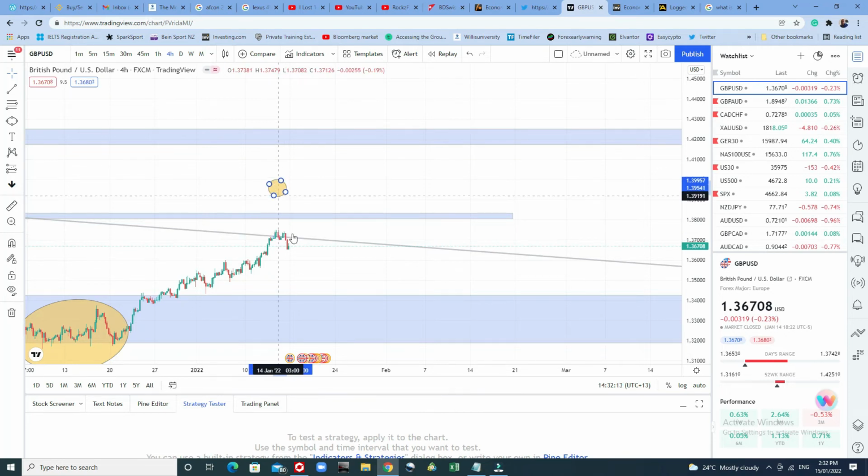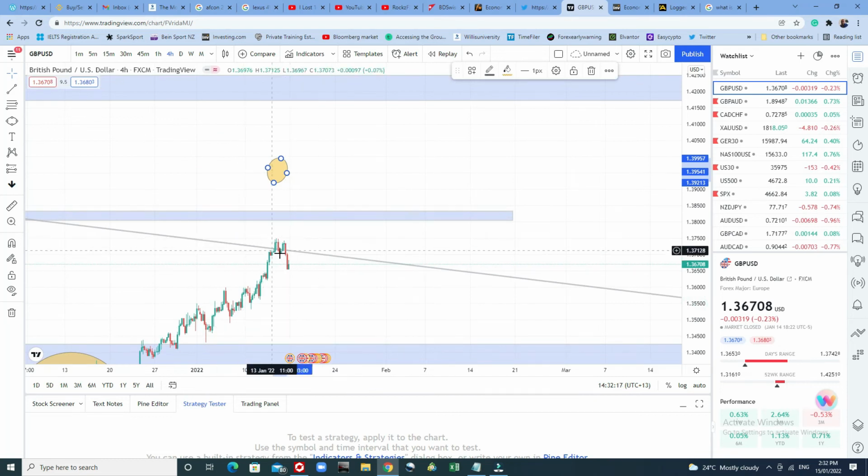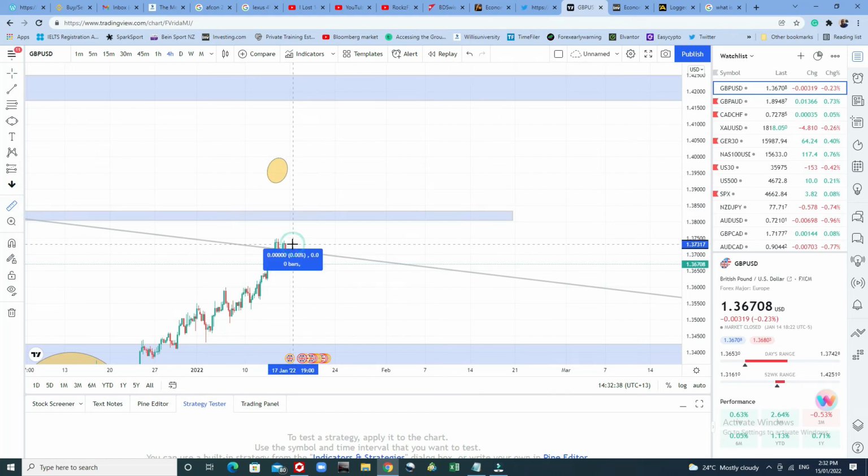Now if you look properly, when you are drawing lines, the market is not going to give you exact levels, but this line is also an important line. The market got here and is trying to reverse. I actually took a sell from here a few hours ago because I knew that the market is going to come down.